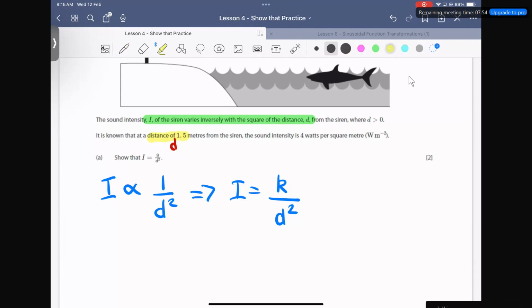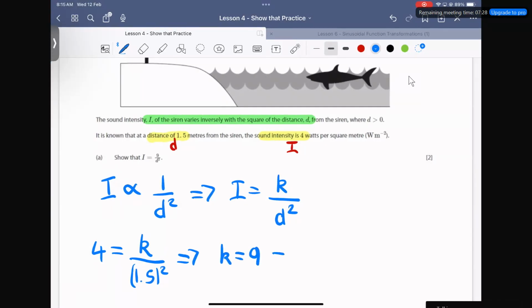The sound intensity is 4, so this is an I. We can put these values in. We've got 4 is equal to k over 1.5 squared. We can solve this, and this will tell us that k is equal to 9, which implies that I is equal to 9 over d squared.